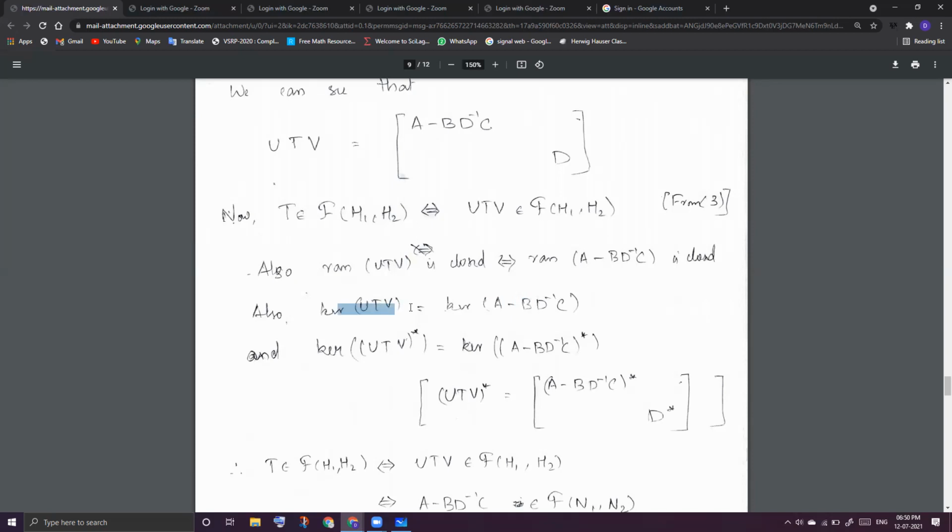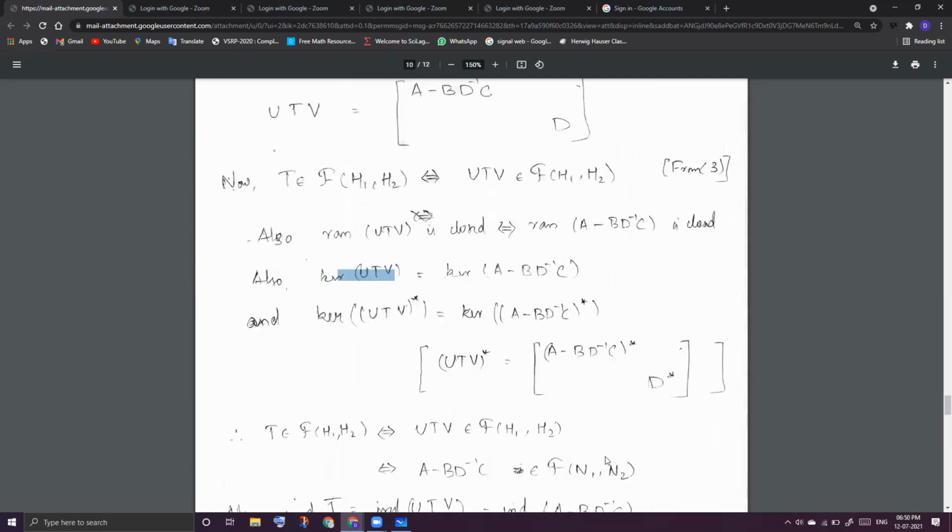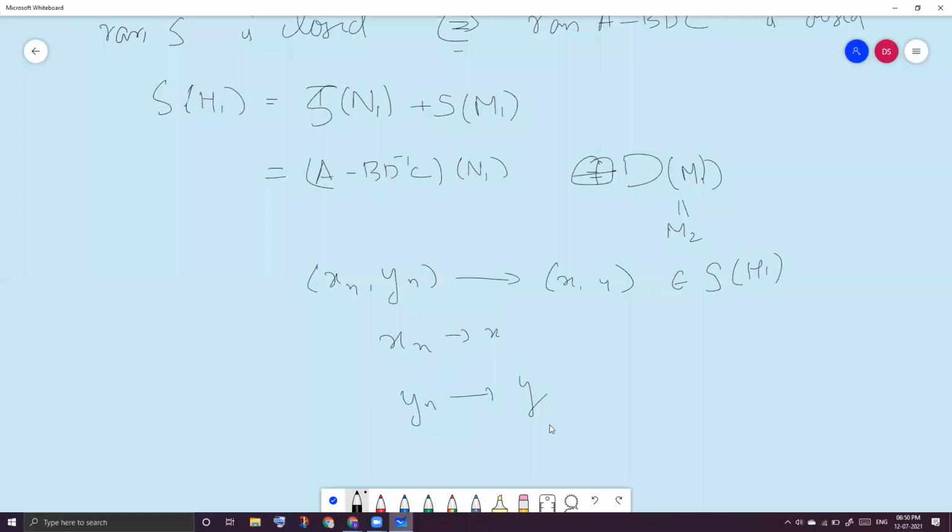Kernel of UTV is equal to kernel of A minus B D inverse C by a similar reasoning to what I mentioned in the last proof. Yeah, we proved that here, right?